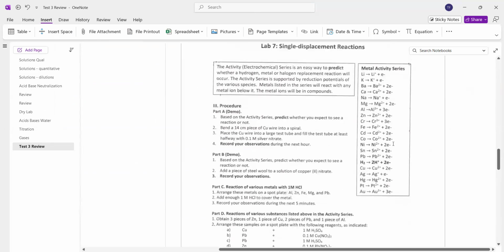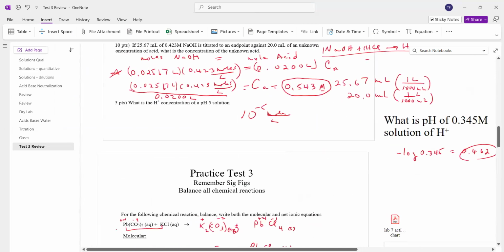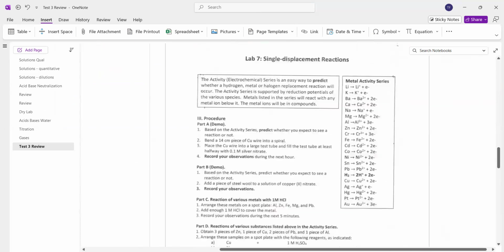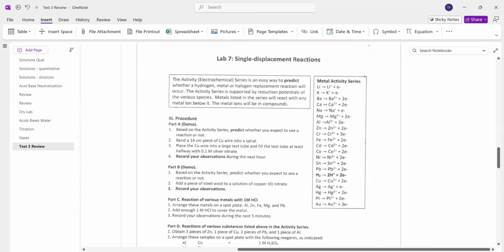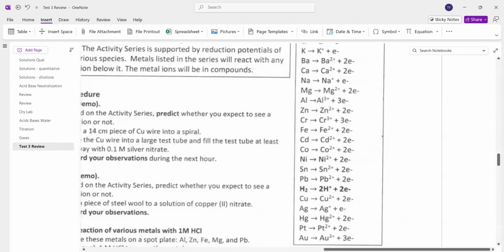Okay. So we're looking for magnesium. What was the other one? Lead and magnesium. So the question is, is magnesium above lead? Okay, here's lead down here, and magnesium is above lead.